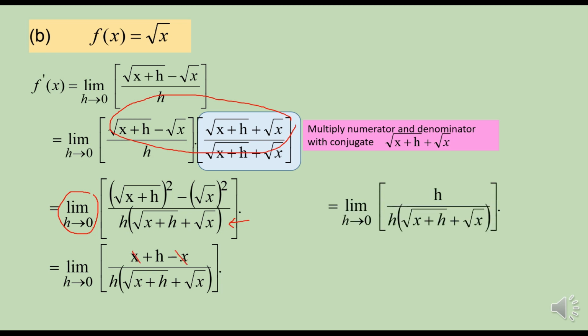So x here will cancel out. Then you will get the limit as h approaches 0 of h over h. Then h is cancelled out by h. Then we will get the answer when you substitute h by 0. So the answer is 1 over 2 square root of x.